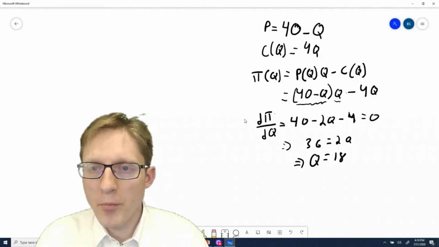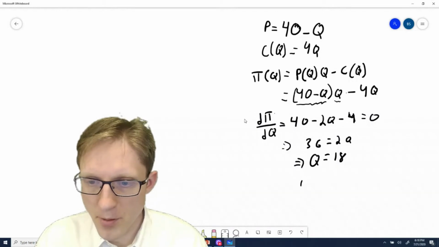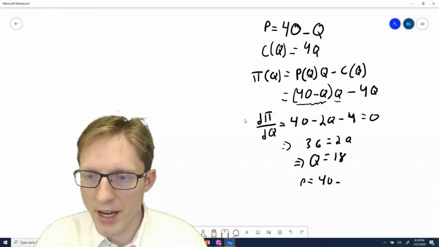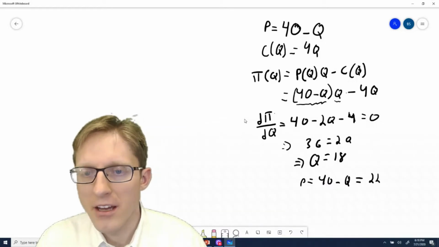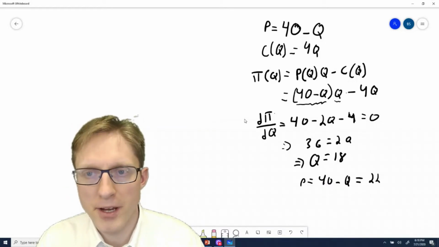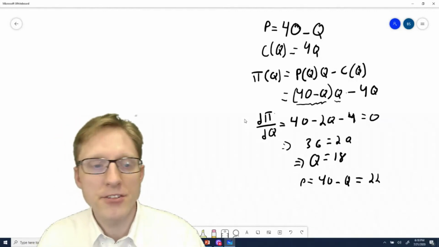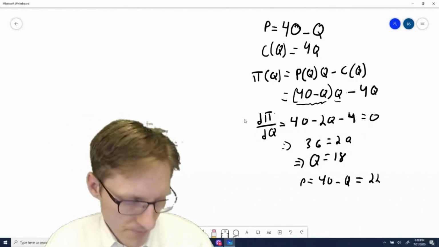So then we can go back and we can find the price. Remember, the price is simply equal to 40 minus Q, where Q is equal to 18, so that's equal to 22. And you can plug this back into the respective revenue functions, profit functions, and derive those values as well.